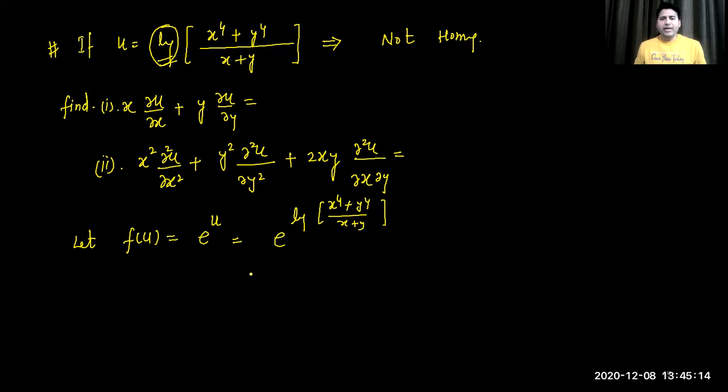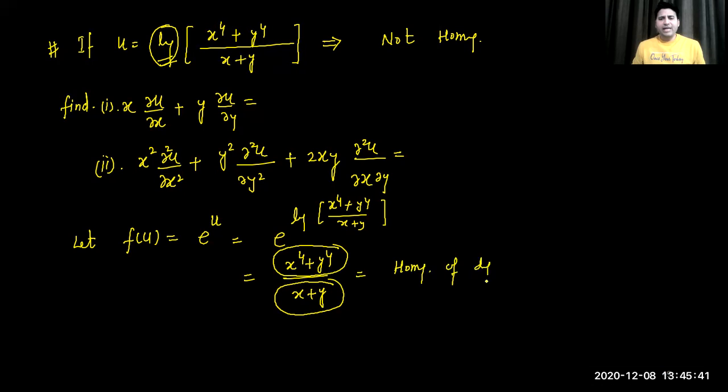e to the power log of x is x, so we get (x^4 + y^4) upon (x + y). And I hope you remember the concept of the first class. I told you the numerator is individually a homogeneous function of degree 4. The denominator is also individually a homogeneous function of degree 1. So this is a homogeneous function of degree how much?